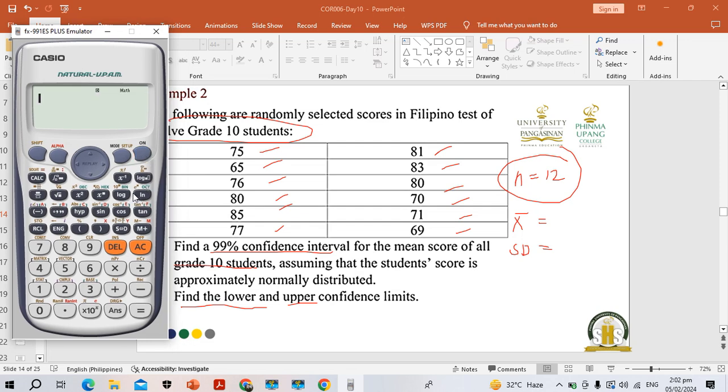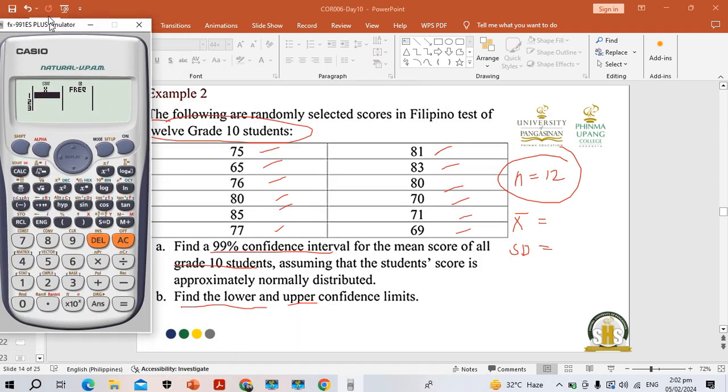Okay, solve natin. Shortcut ko to. Mode 3, then choose 1.